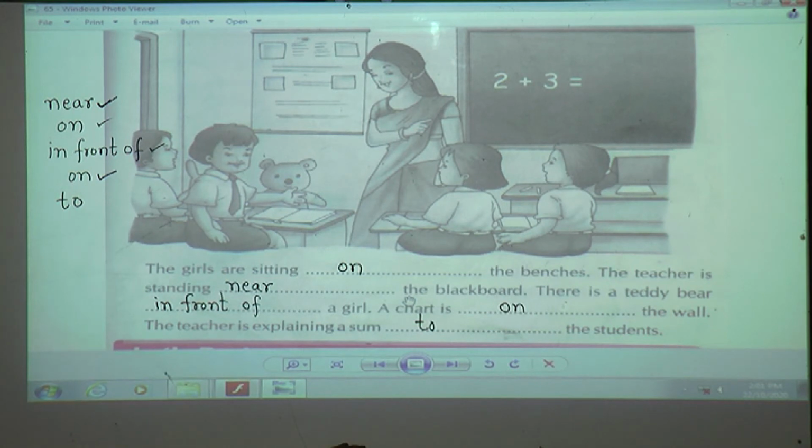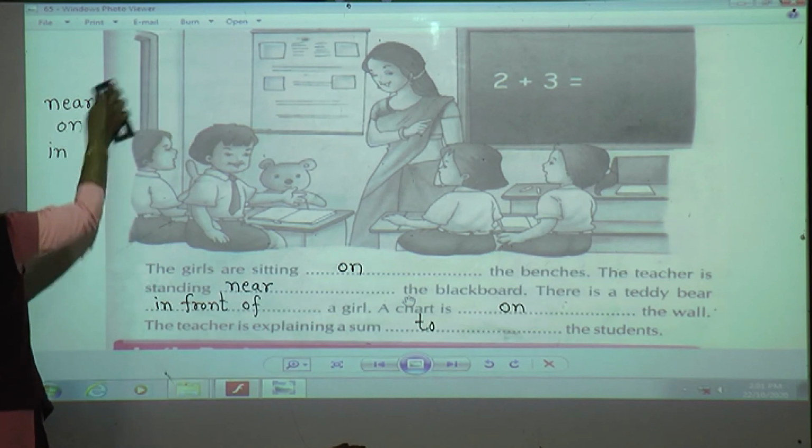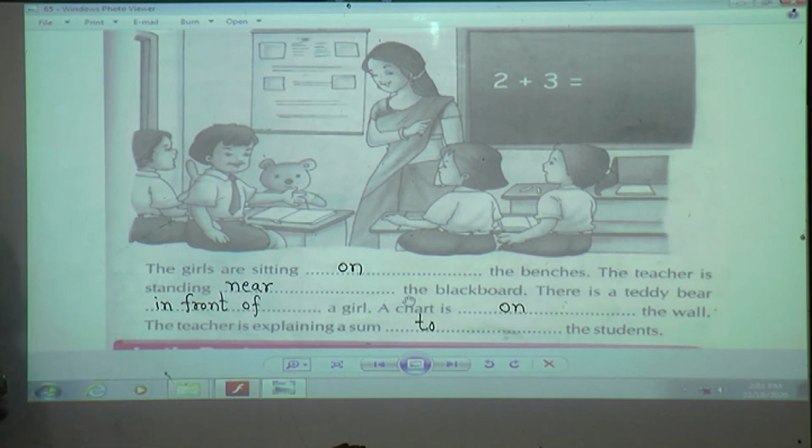I hope that you have understood whatever we have done in today's lesson, that is preposition. And we went through many of the words which are prepositions. So what is a preposition, students? Yes, a preposition shows the relation of one thing with another in a sentence.